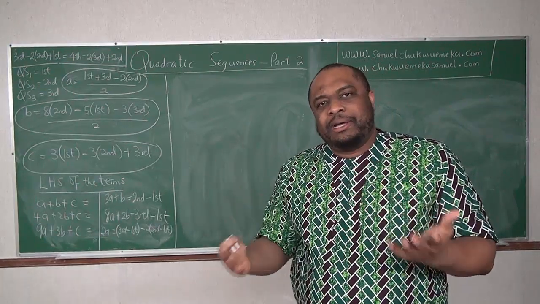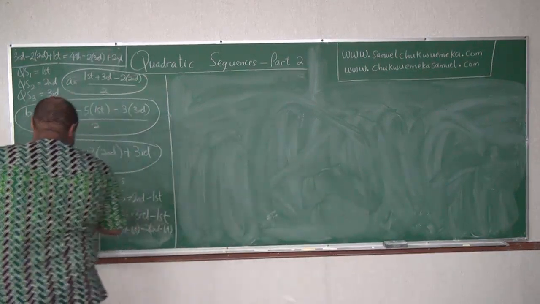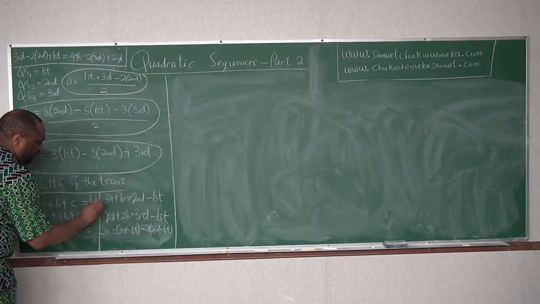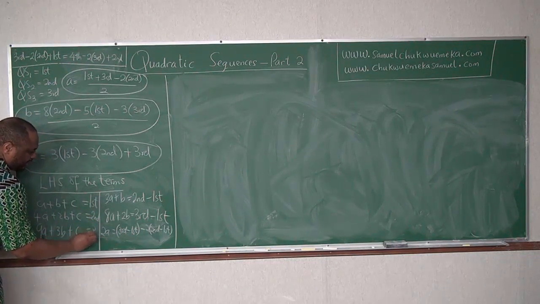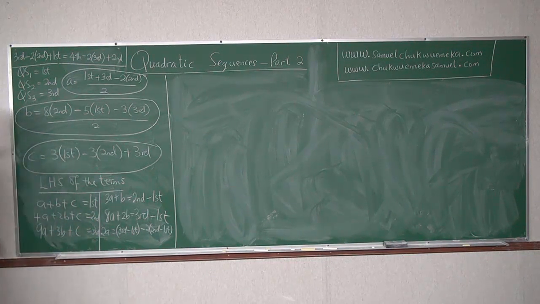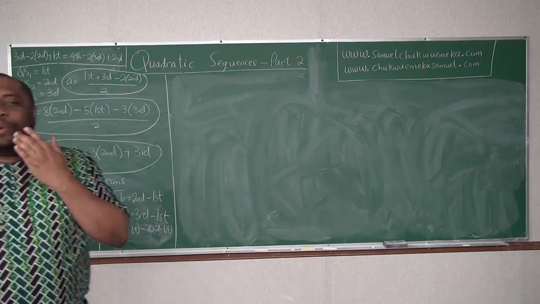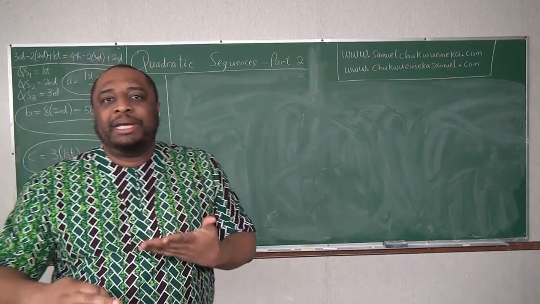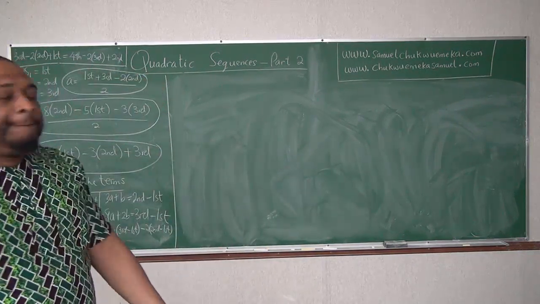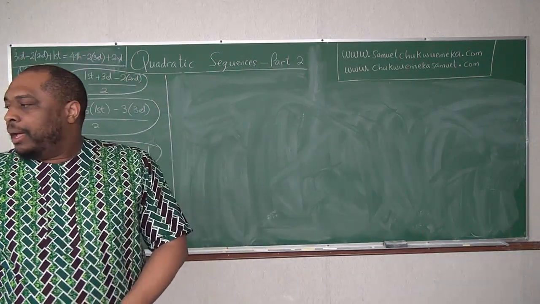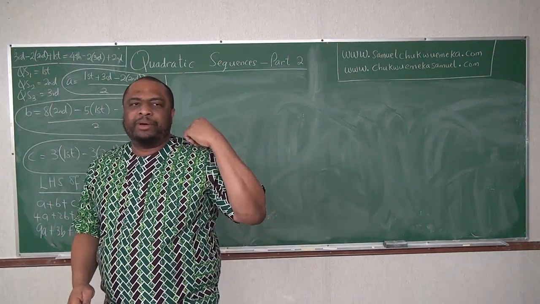This is the first term, of course. This will always give us the first term. This is the second term, and this is the third term. So we did this in part 1. And here we are going to solve the questions normally, and we shall also use the formula to solve it. All right. We did question 1 in part 1.